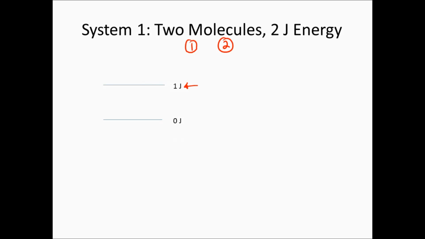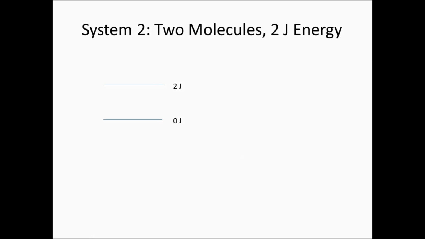Here, the only way I can achieve a total of 2 joules of energy is if I put both molecules on this energy level, and there are no other ways I can do this. There's only one microstate corresponding to this macrostate. And therefore, the multiplicity is equal to 1.